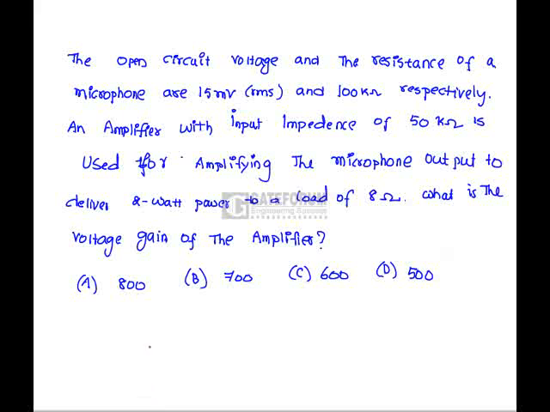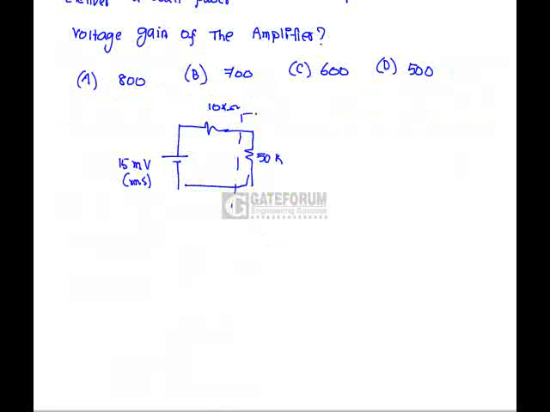Here, suppose we represent the microphone with its equivalent circuit: 15 millivolts RMS, 100 kilo ohms, and this is 50 kilo ohm, an amplifier whose input impedance is 50 kilo ohms.